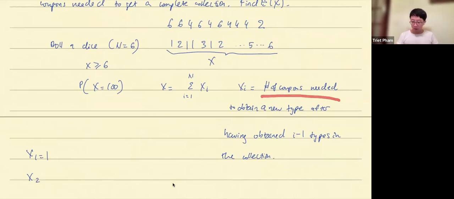x2 is the number of coupons needed to obtain a new type after having obtained 1 type in the collection. You already have 1 type in the collection, and there are n types total. So how many coupons do you need to collect before you have a new type?